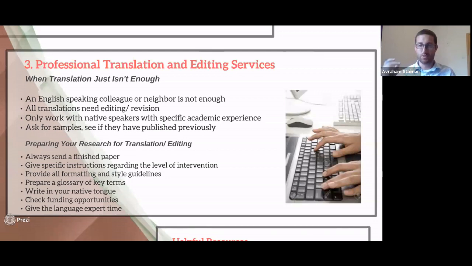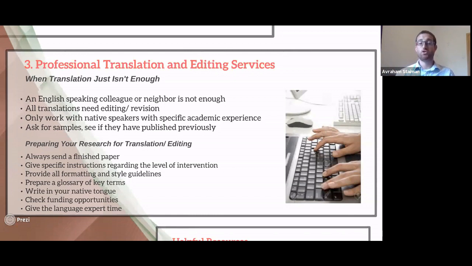That may happen as a result of review from reviewers, but send a paper that's as finished, as complete as possible. That gives the translator, the editor, the ability to produce the highest level text. If it's only half-baked in the original, don't be surprised if it comes back half-baked in the translation.